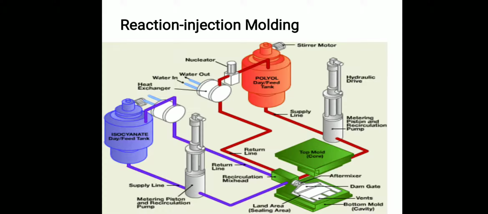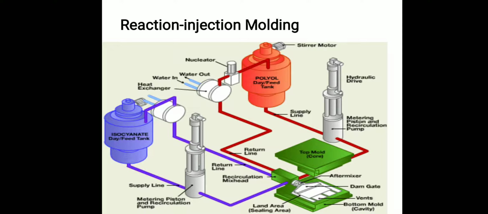So in that figure we can see the liquid ingredients are pumped in precisely measured amounts from separate holding tanks into a mixing head. The ingredients are rapidly mixed and then injected into the mold cavity at relatively low pressure, where the polymerization and curing occurs.